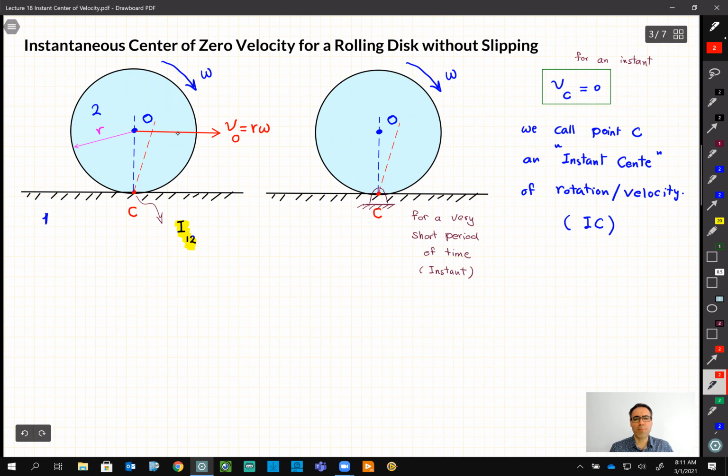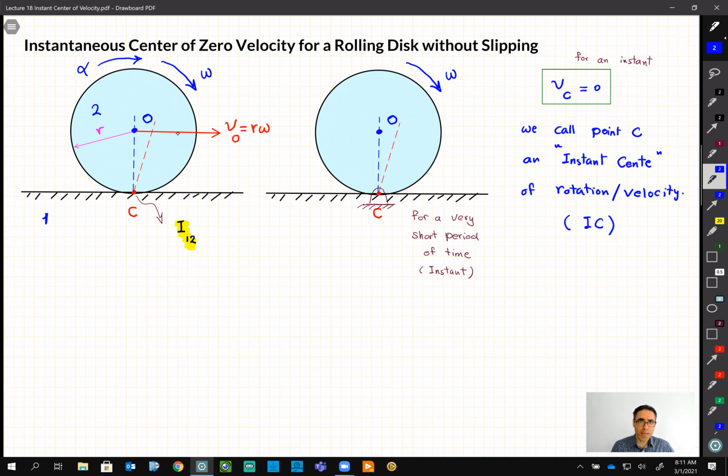Now that we are on the topic of instant center of velocity, let's also assume that this disk has an angular acceleration, alpha. So it has an angular velocity and an angular acceleration.